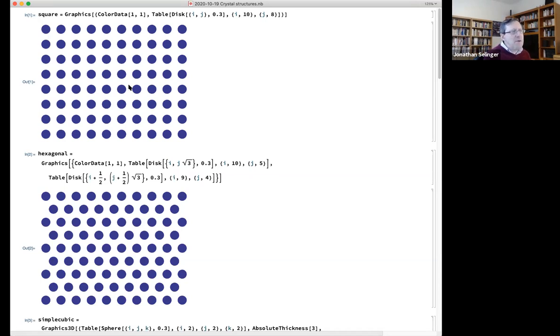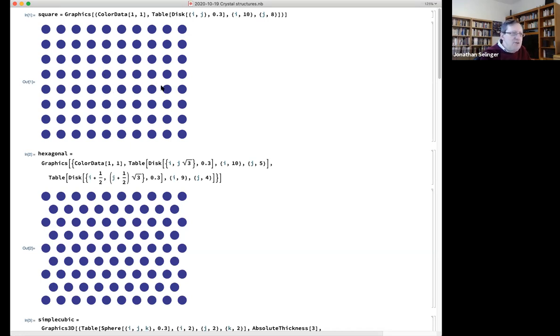And you have to imagine this going on forever. Right? Ideally, it doesn't really have boundaries. It just goes on forever in X and in Y. So here you can see that there is a fourfold symmetry, right? That there are special directions going horizontally and vertically, and you can rotate by 90 degrees to get from one to the other.